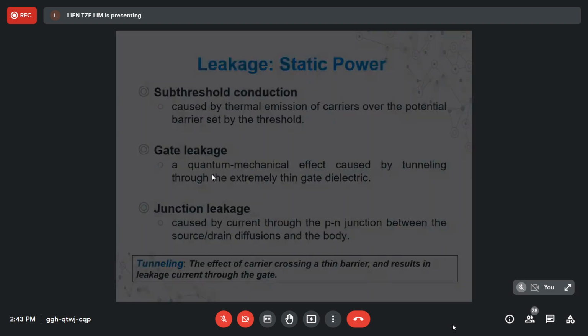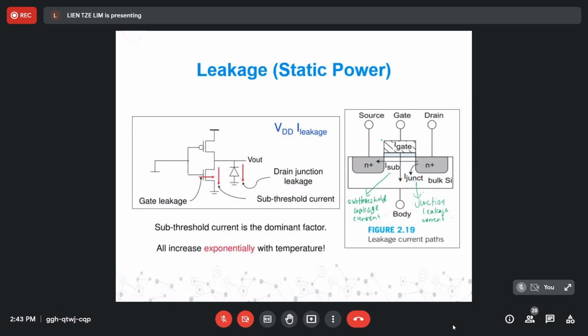I refer back to this diagram. You see here, this is the gate, and in between the gate and the body there is an oxide layer here. This oxide layer is very thin. Even though it is thin, some of the carriers can still transmit. Okay, let me see again.